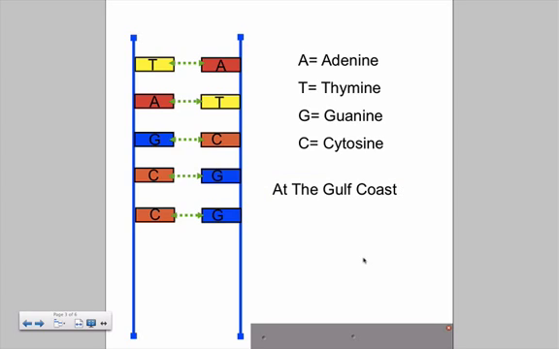We live really close to the Gulf of Mexico, all right? And this acronym helps me remember what side of this DNA can bond to this side. So every time adenine will bond to thymine. So A bonds with T, and G bonds with C. So this acronym helps me remember at the Gulf Coast. A bonds with T, G bonds with C.